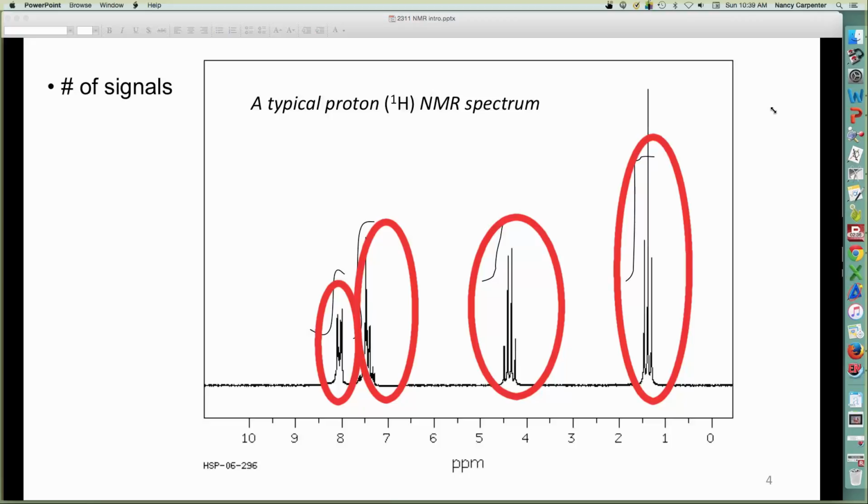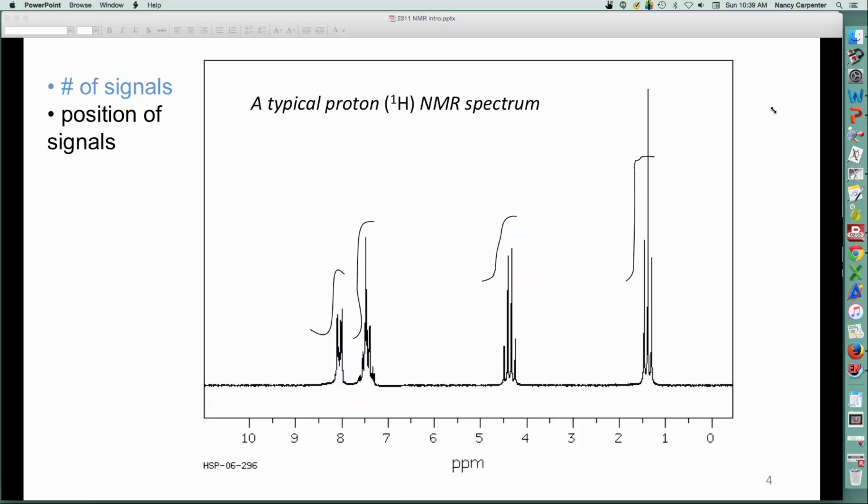That tells you more or less how many different types of hydrogens are present in your molecule. Note too that those signals are in completely different regions of the spectrum. There are 1.3 parts per million, 4.3 parts per million, and these are both down around 7 and 8 parts per million. We'll use a correlation chart, just like IR, to determine what that's telling us about the environment these hydrogens are in.